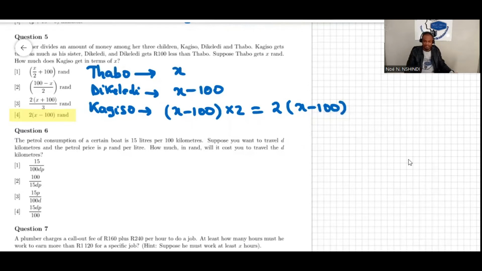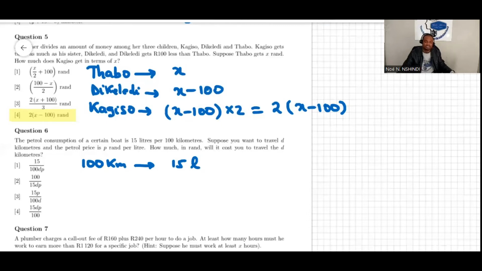Okay. Because I need to find out how much the kilometers will cost, I prefer to leave the kilometers on the left. So it's like 100 kilometers for 15 liters. Okay.